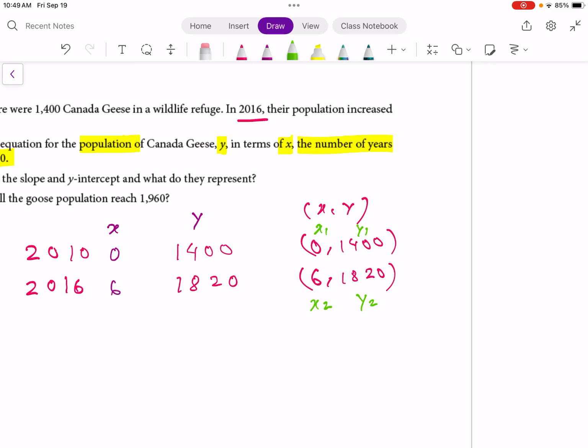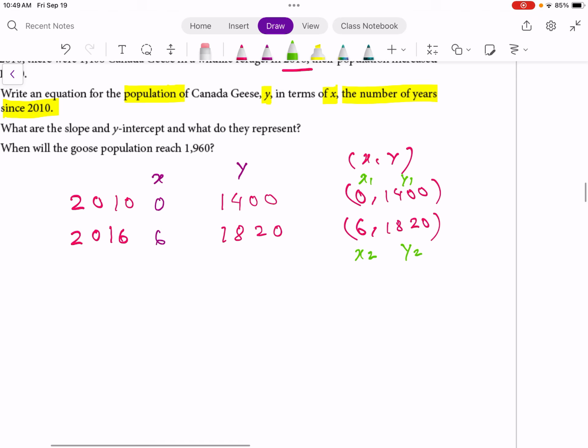And what formula do we use to find the equation? What do we need to know? We need to know the slope. Now let's find the slope. Slope is (y2 minus y1) divided by (x2 minus x1). Our y2 is 1820 minus y1, 1400, divided by x2, 6, minus 0.